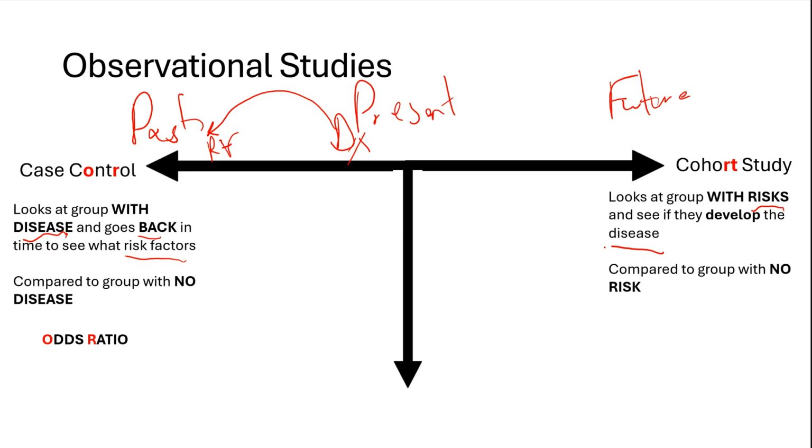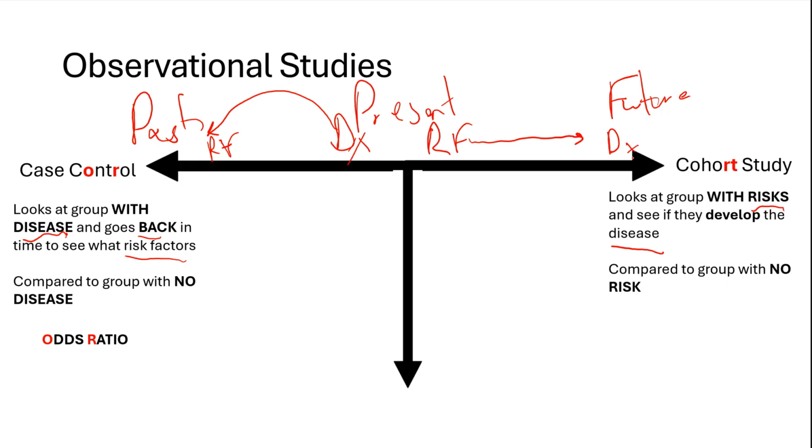So again, starting in the present or starting in the now, we look at people with risk factors and we see in the future, or over a certain set amount of time, if they develop a disease. This is compared to case control studies, in which you start with the disease and you look back in time and see if you developed the risk factors. With cohort studies, you start with the risk factors and you look to see if you develop the disease.